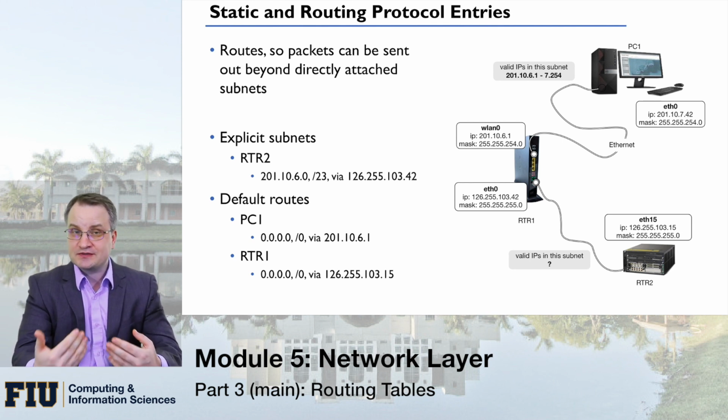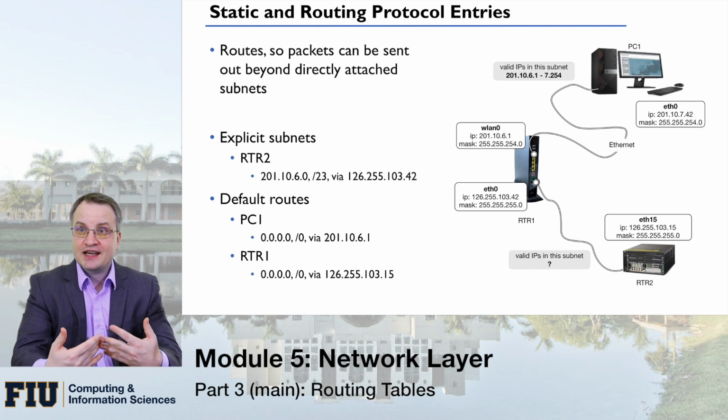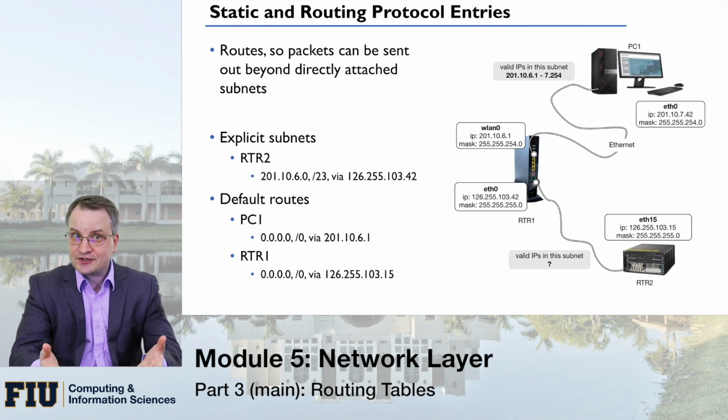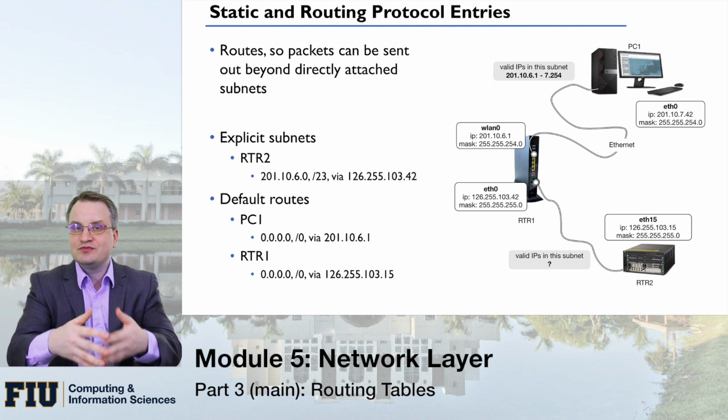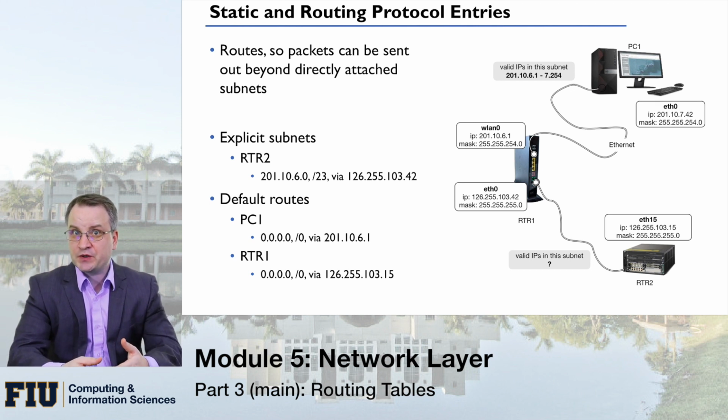For all packets that it cannot reach directly, meaning they are not within the range of 126.255.103 and whatever afterwards, or within the other range of 201.10.6 and whatever until 7.254, you can also create the default route, 0.0.0.0/0, and specify that this router will need to go through 126.255.103.15 in order to deliver this packet successfully somewhere else.